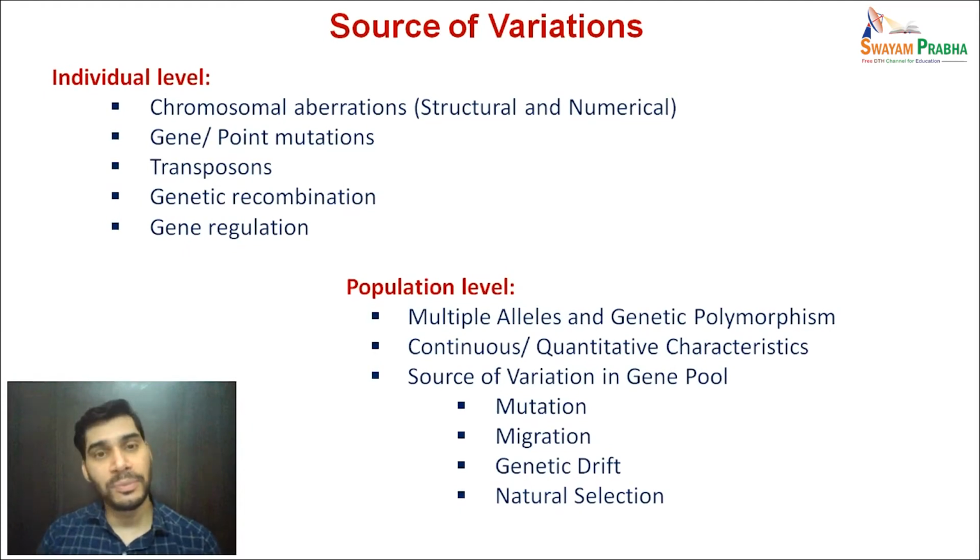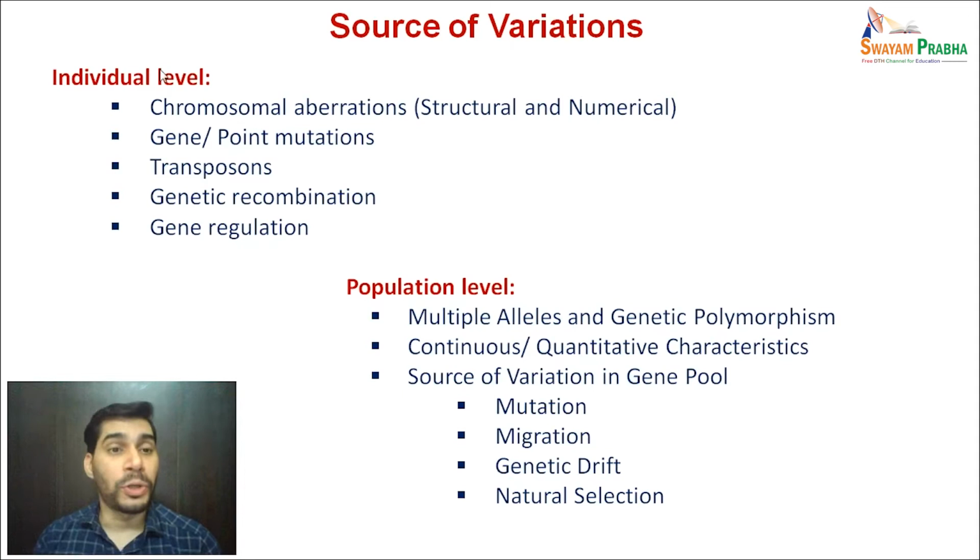Now, let us move ahead and discuss what can be the various sources of variations. Broadly, you can differentiate different sources of variations. It can be the sources which are occurring at individual level, or there can be the causes of variations which are existing at the population level.